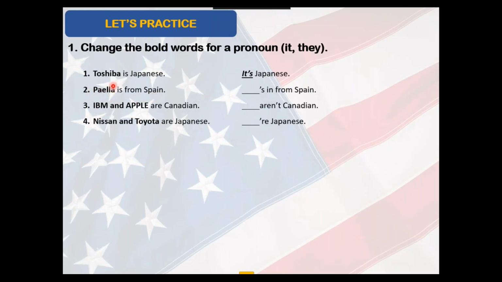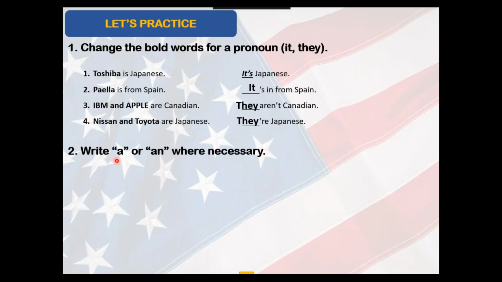I want to replace paella. Come on, paella, it or they? Paella is it. Yes, because it's only one. Okay, es una comida. It's from Spain. IBM and Apple are Canadian. Number 3 is it or they. IBM and Apple, 2 companies. They aren't Canadian. Nissan and Toyota are Japanese. Okay, here, they are Japanese. Correct, they are Japanese.